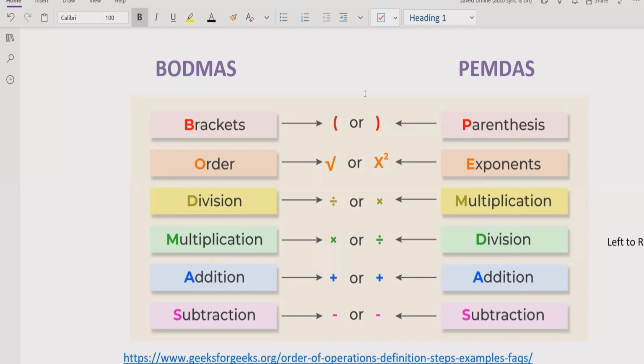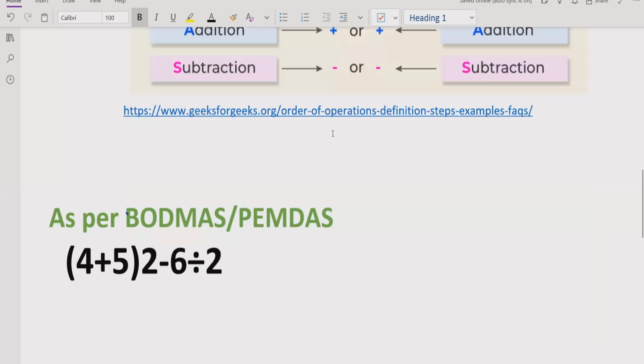So now let's move to the expression. As you can see, we have parenthesis 4 plus 5, multiplied by 2. Here we have an implied multiplication, which means it does not show the multiplication sign, but these two terms are multiplying each other.